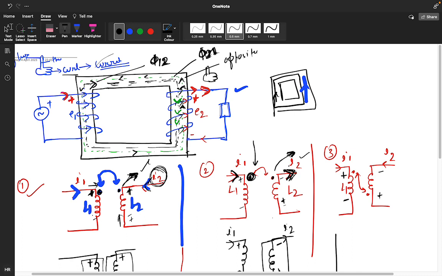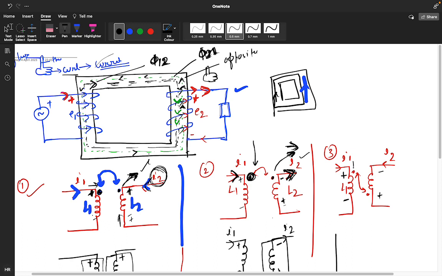And what is the current direction they had given? Same direction. So if my current is following the same direction, then it will be negative, and if my current is following the opposite direction according to our assumptions, then it will be positive.